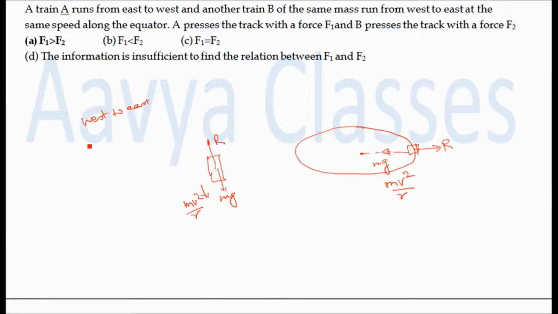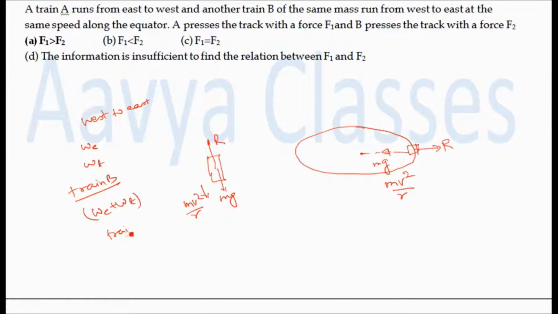If I consider the angular velocity of the earth to be omega e, and the angular velocity of the train equal to omega t, then for train B, both the earth and the train move in the same direction, that is from west to east, and the net angular speed of this system will be equal to omega e plus omega t.